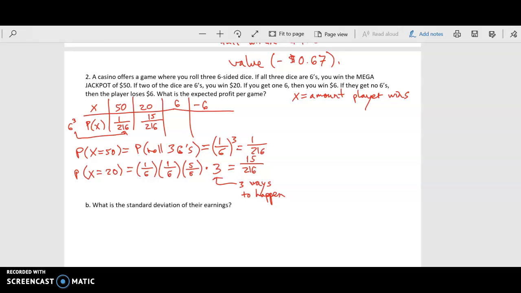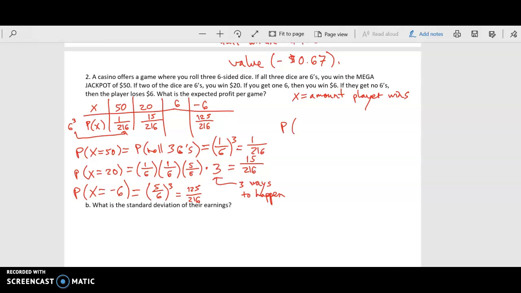So the next probability we're going to find is the probability that we lose $6. Okay? And that would be that they're all not 6s. And this guy is 125 out of 216. That goes here. And almost always you're going to have this one that you're going to have to find using the complement.